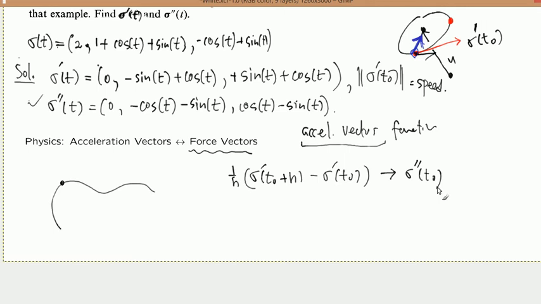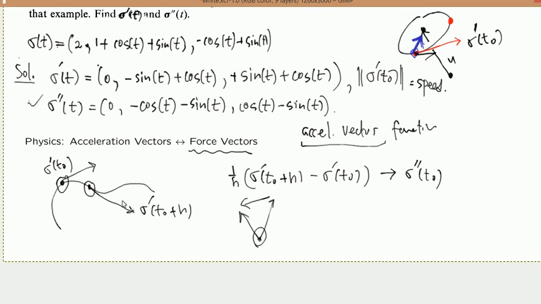That's the mathematical definition. So here is the velocity vector, sigma prime t0, correct? And here is, one moment later, sigma prime of t0 plus h. We're about to subtract this vector from that. One of the strange things is that they have different points of application. If it is a position vector, they join at the same point of application, and the meaning of the difference of two vectors was natural, the displacement vector.